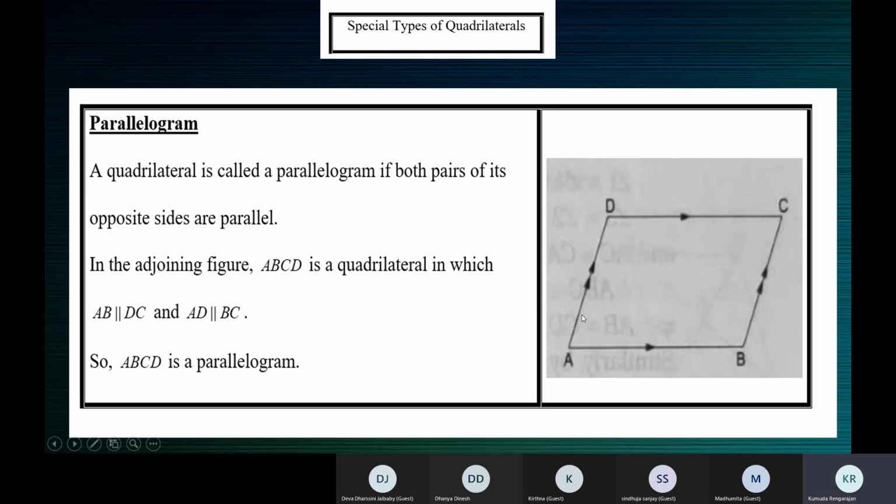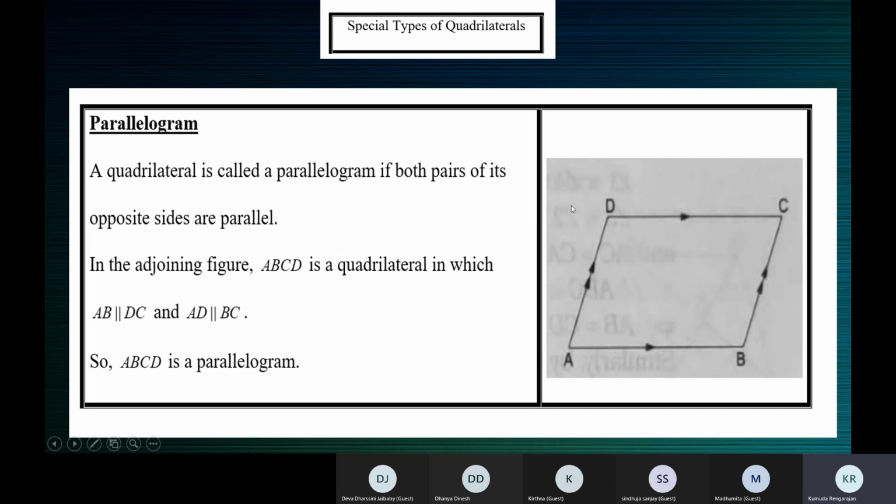Angle A is equal to this angle, opposite angle, angle C. And then angle B is equal to angle D. So what we've understood so far is this side AB is parallel to CD and this side BC is parallel to AD. Opposite sides are both parallel and also equal. And then opposite angles, angle A is equal to angle C, angle B is equal to angle D.